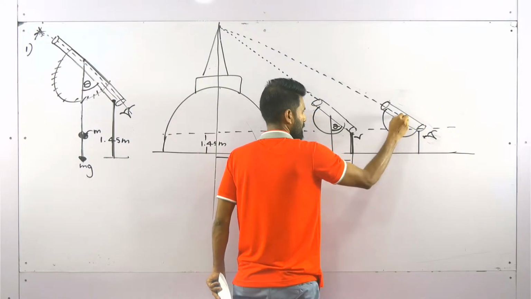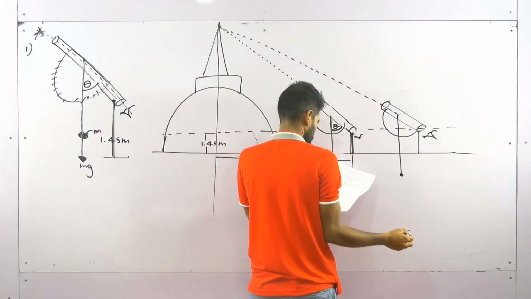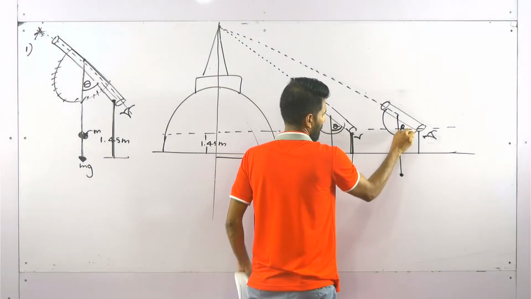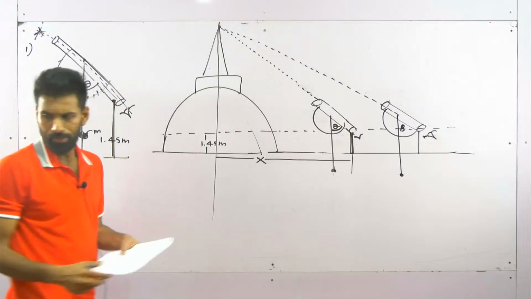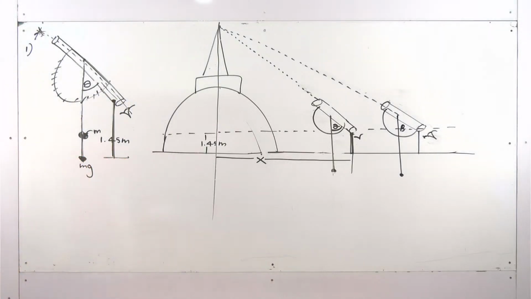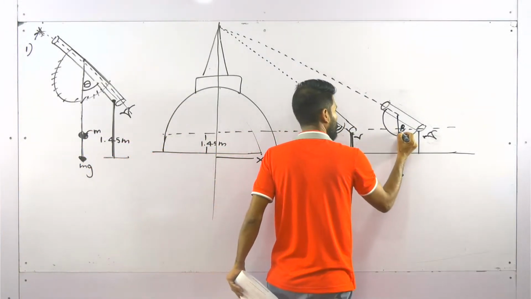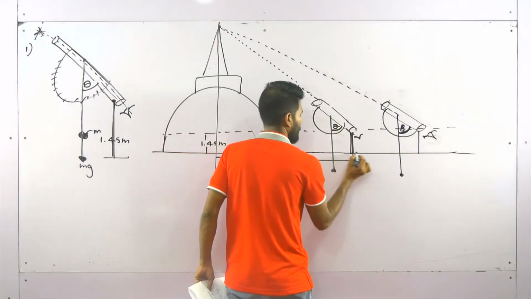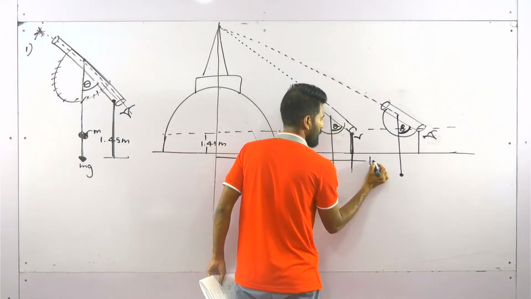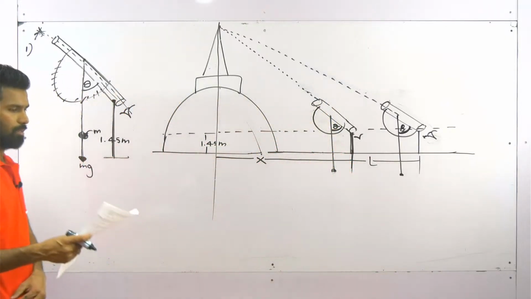Through the facility, you will measure this angle. The angle here is theta, and the angle here is beta. To do that, you took this inclinometer backward by a length L.